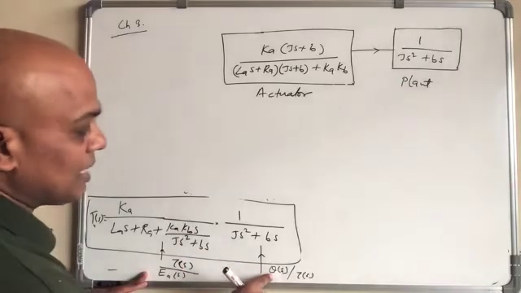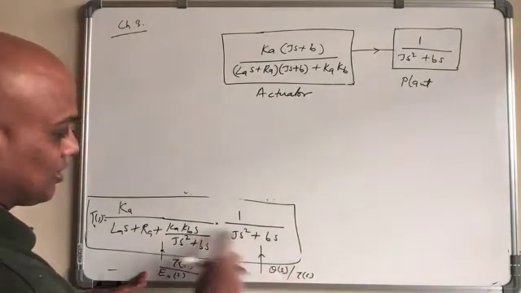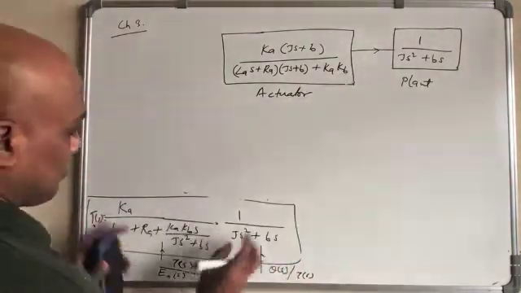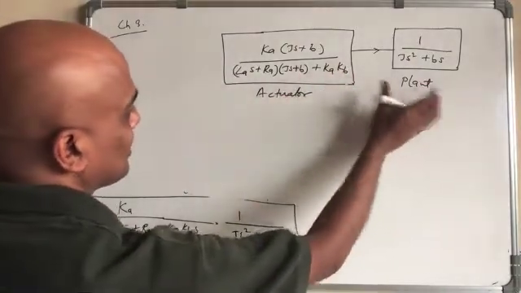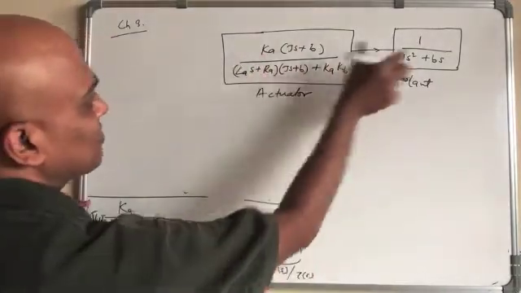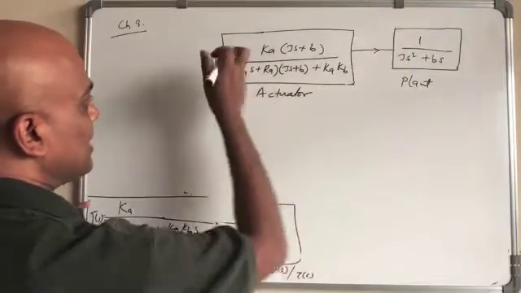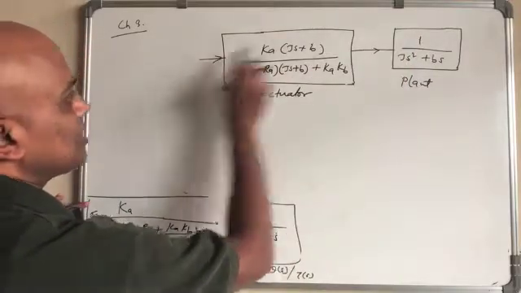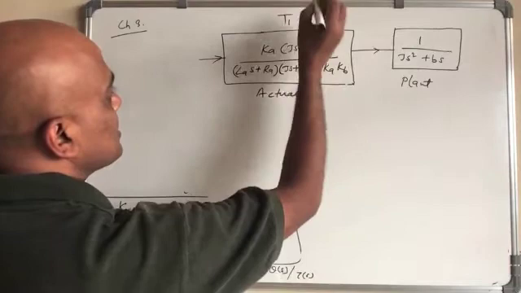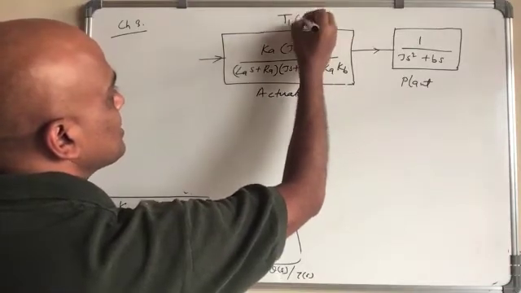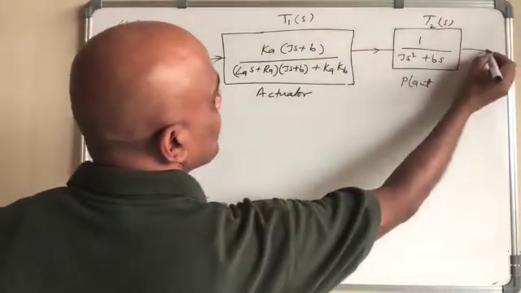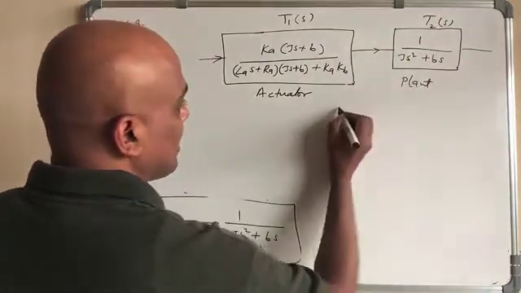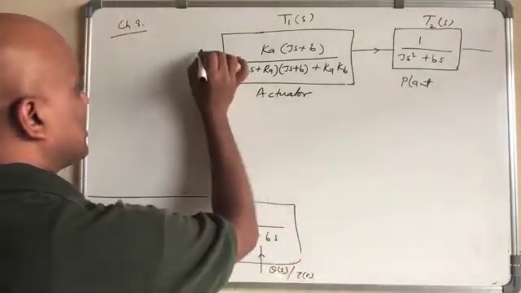Here it is theta divided by input torque. So they are separated here, first this and then that: transfer function 1, transfer function 2. Let's call this T1S, this T2S, and hence the ultimate one from here to here.